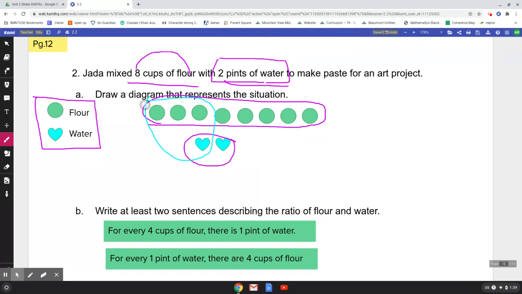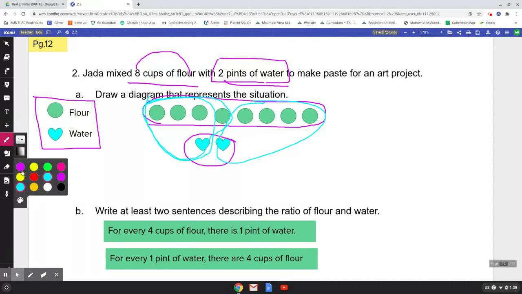I actually grouped it like this, where there was 4, and then there's 4. So 4 to 1, 4 to 1. For every 4 cups of flour, there is 1 pint of water. For every 1 pint of water, there are 4 cups of flour. So that is true based on the diagram.